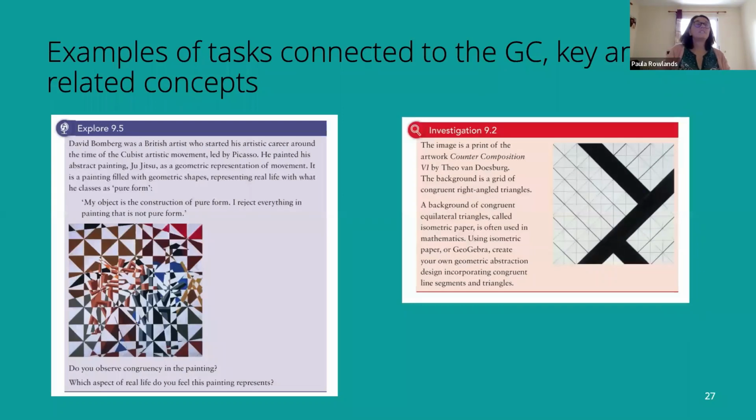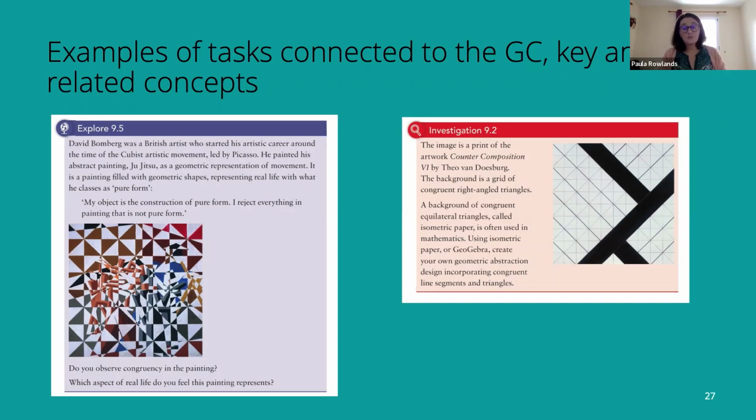So here you can see an example of an explore task and an investigation task. So you can see the explore task, it's definitely written within that global context. So the students are learning about personal and cultural expression. So we're looking at artwork.